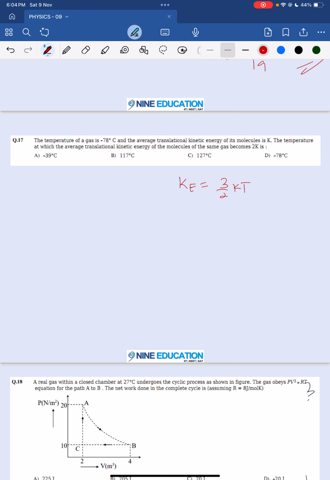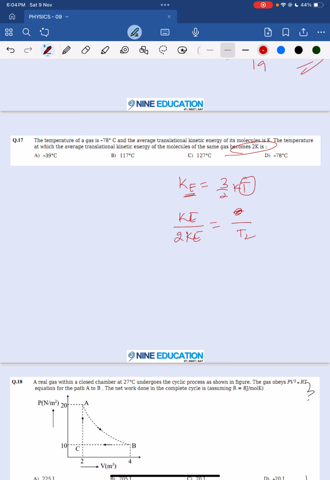Sir, I can see that they are asking when it is going to become double. So when the temperature is going to become double, right? So kinetic energy 1 divided by twice of kinetic energy 1, correct? So this is going to become T1 by T2. Now what is the T1 we are having, bachcho, here?